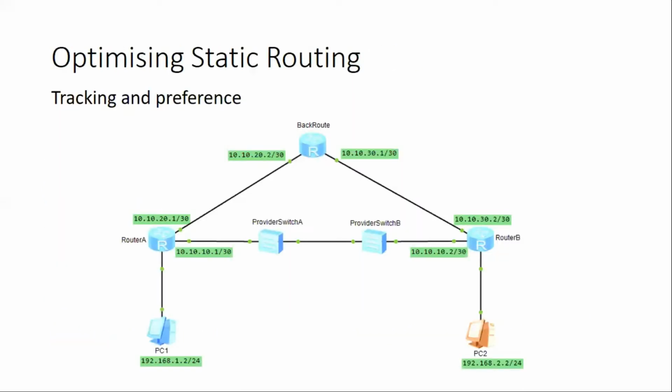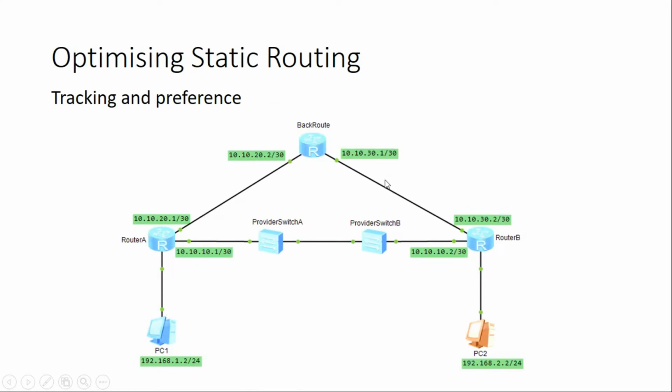So let's assume, for example, you have a setup like this where you have two sites and a third one here for introducing a secondary route, such that these two sites are connected to each other, but you can reach the network to router B through two paths.